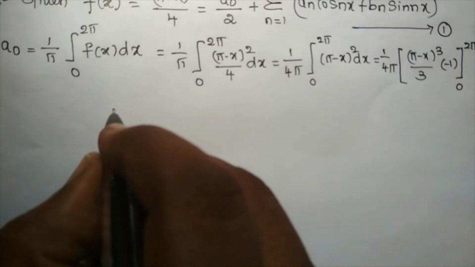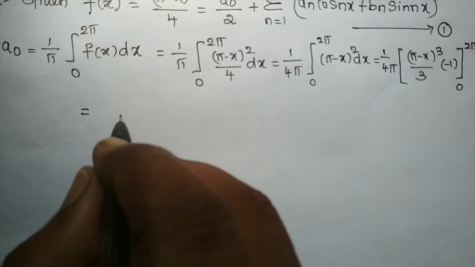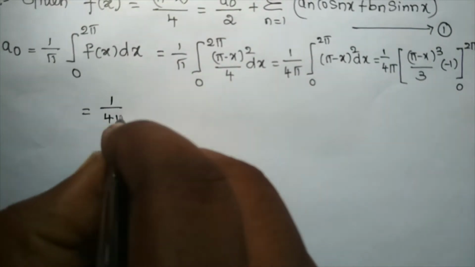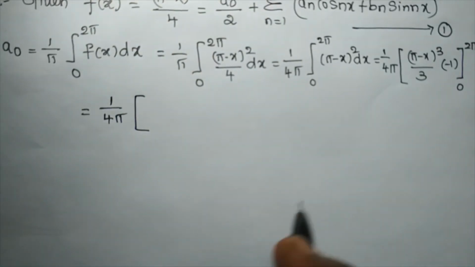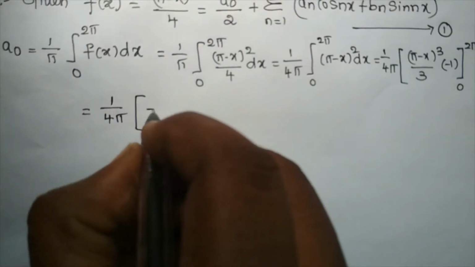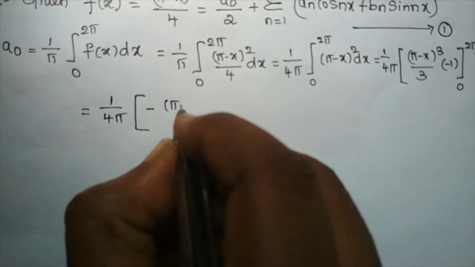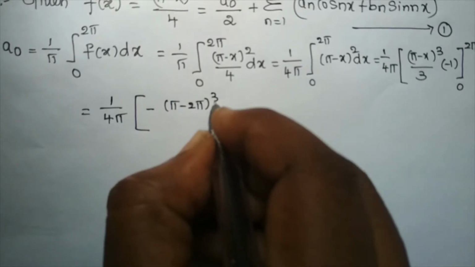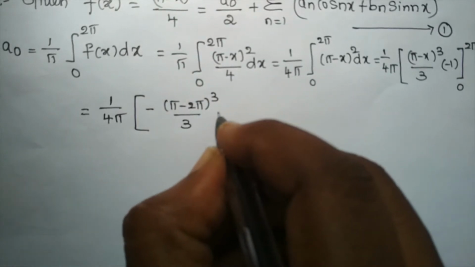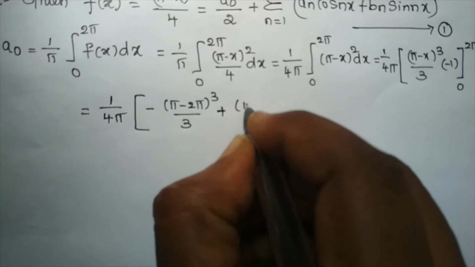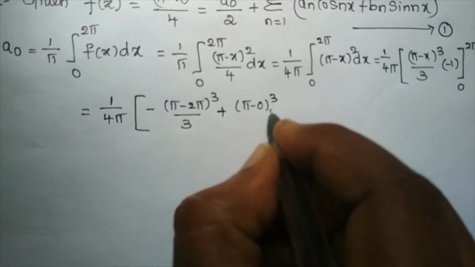So the simplification is 1 by 4 pi into first limit: minus (pi minus 2 pi) whole to the power of 3 by 3, and second limit: minus of minus, plus (pi minus 0) whole to the power of 3 by 3.